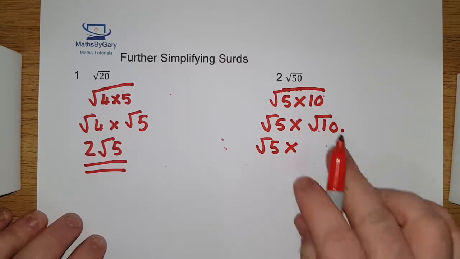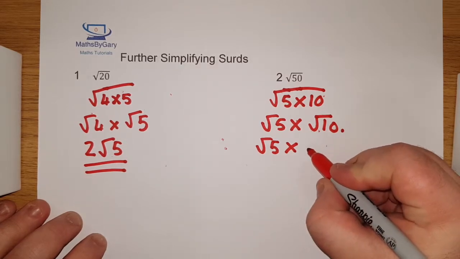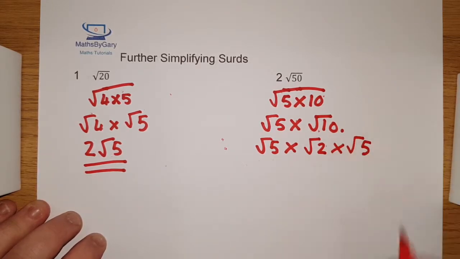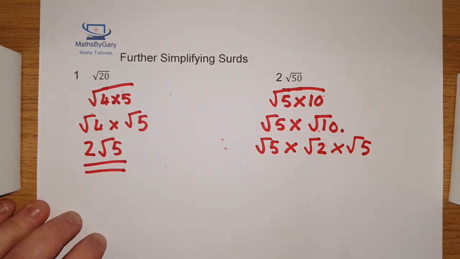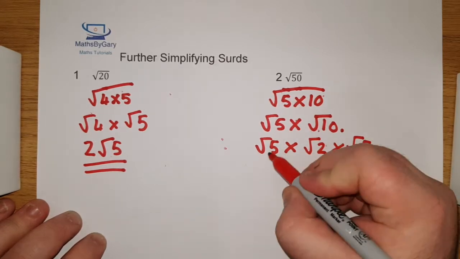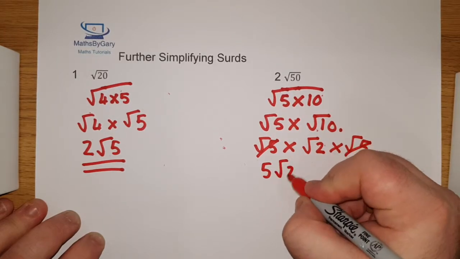Now root 10 we simplify down again to simply root 2 times root 5. Now we have root 5 times root 2 times root 5. Now, root 5 times root 5 will be 5, because the square root of 5 times the square root of 5 will give you 5. So we now have 5 root 2.